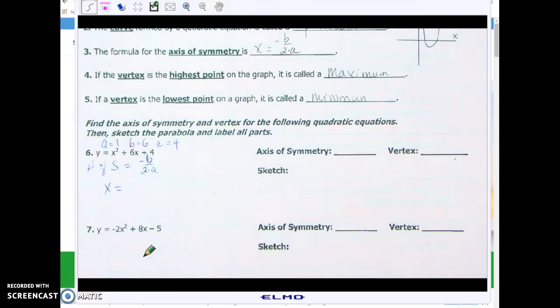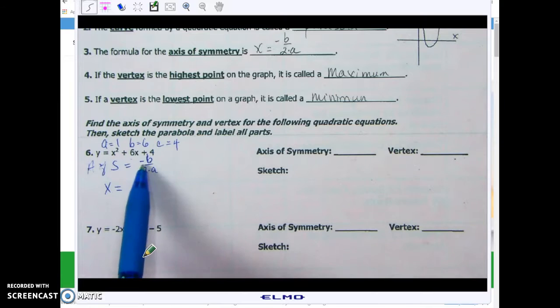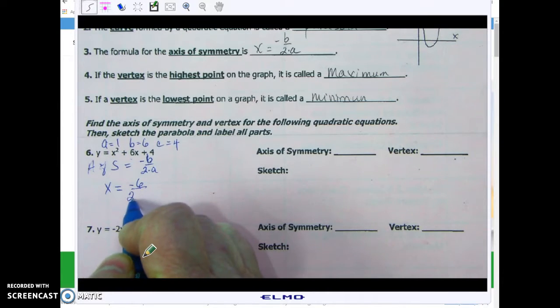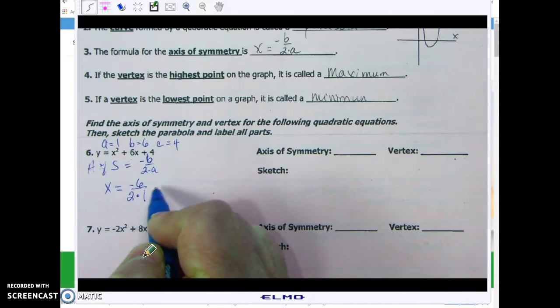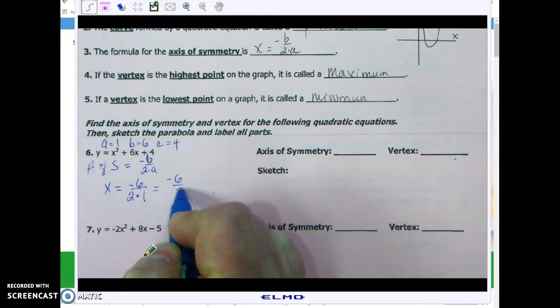Get in the habit of doing that, so that when you're plugging these into many of the formulas we're going to be using, you immediately can see which values are going to go where. Okay, so b is 6, and we're going to make it negative. So that's going to be negative 6 over 2 times, and what's my a value? 1. Which is going to give us negative 6 divided by 2.